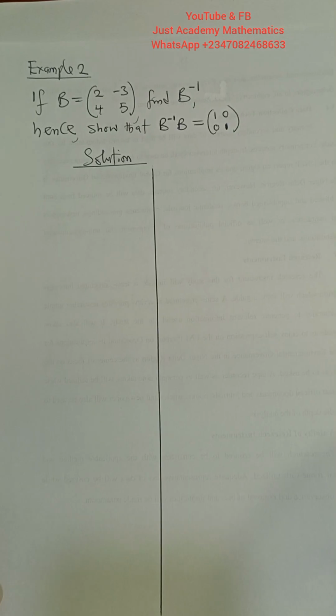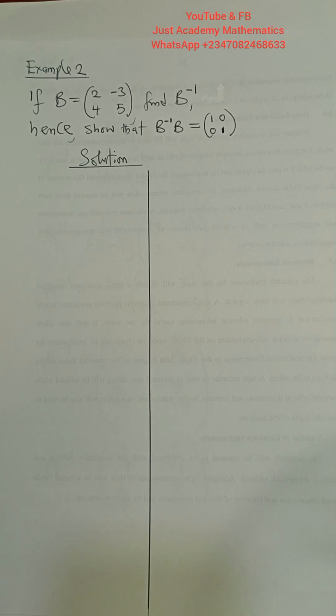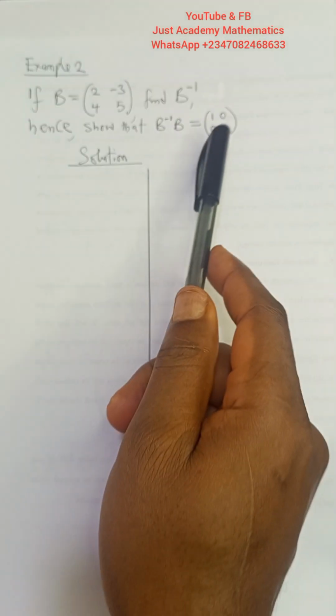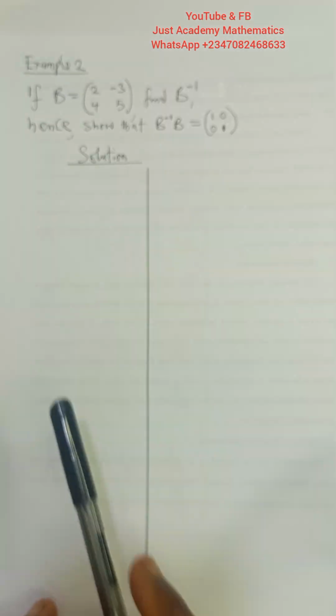Now look at example 2. Example 2 says that given that B is equal to 2, minus 3, 4, 5, find B inverse, but not only that, show that B inverse times B is equal to this identity. This is what we call the 2 by 2 identity, 1 0 0 1.